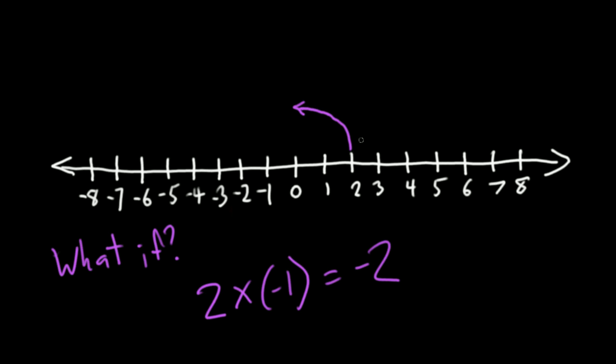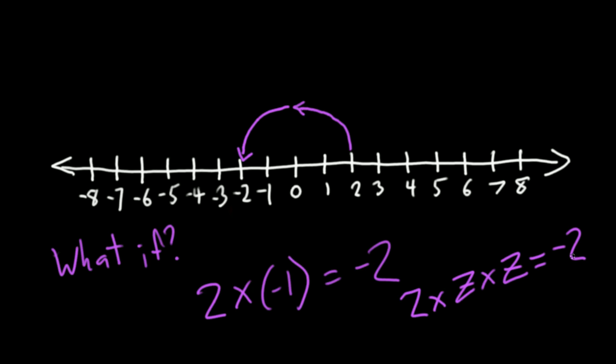Well, if that were true, then we should be able to rotate again by the same amount, the same quarter turn, and end up over here. In other words, if we were to say 2 times some mystery number z times that mystery number z again, we should end up at -2. Is that possible?